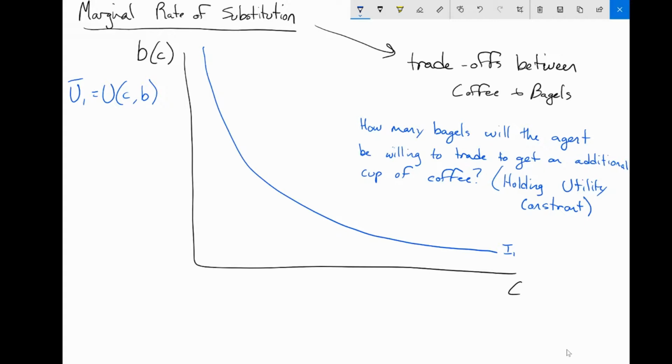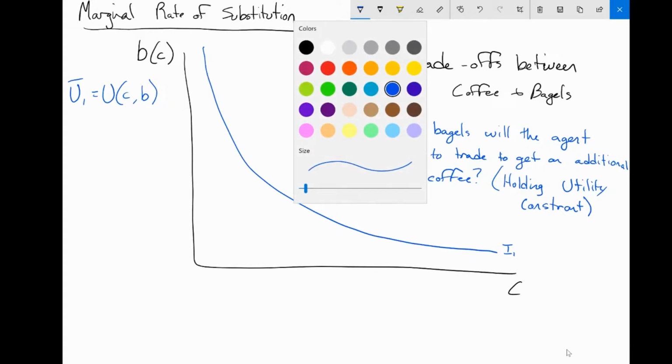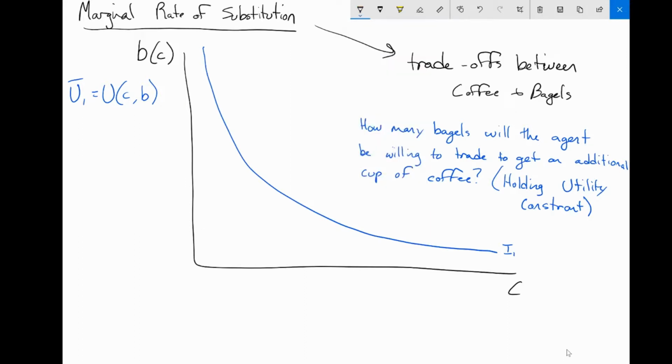All right. But when I'm talking about the margin, we can always then move into derivatives. Because if I wanted to say, how many bagels am I willing to trade to get an additional unit of coffee? Another way of putting that would be, how many bagels would I lose if I increased my coffee consumption by 1? All right, so then let's put that into the form of a derivative.